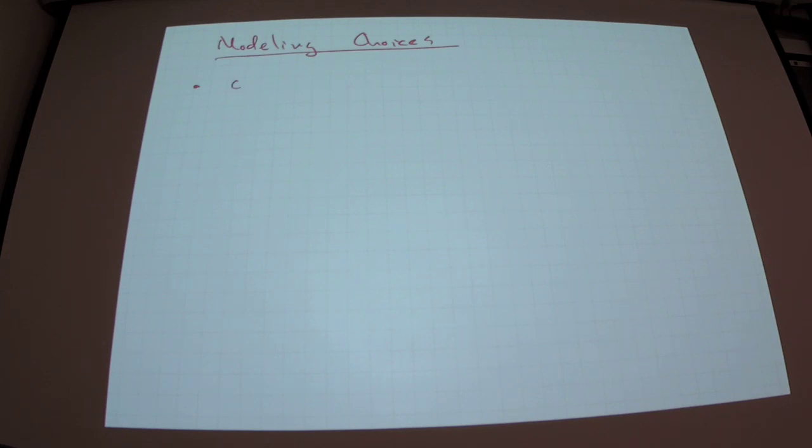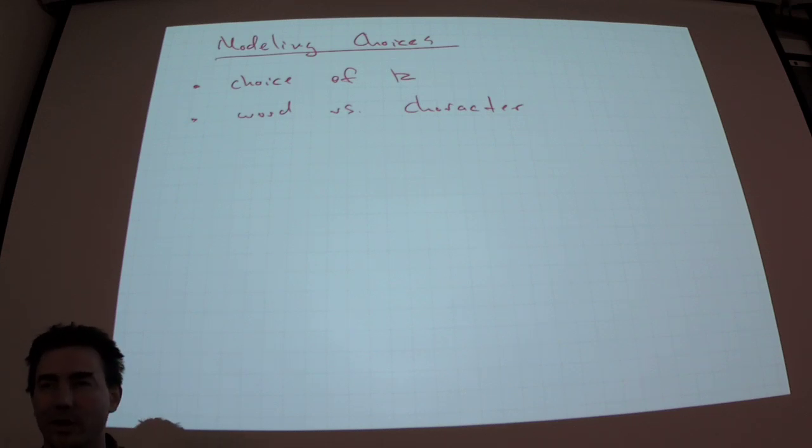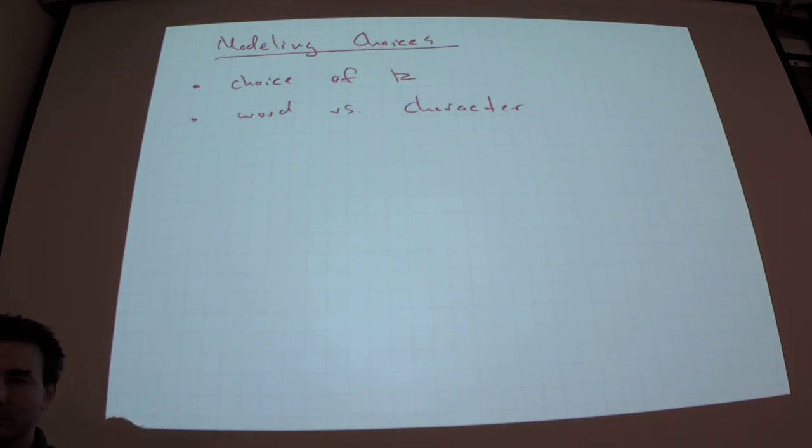The first thing was the choice of k, right? And I also talked about word versus character. Did I shingle things based on the words or based on the characters? But there were other implicit modeling choices up there as well. So what other ones did you notice that I also made in those examples?